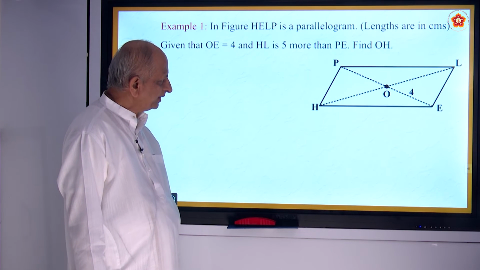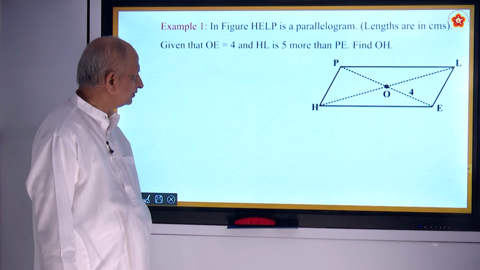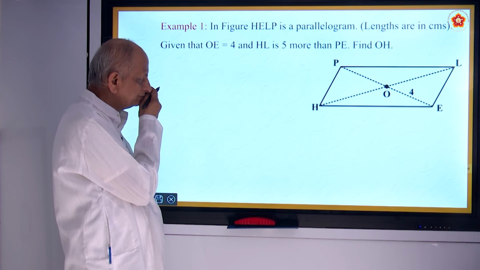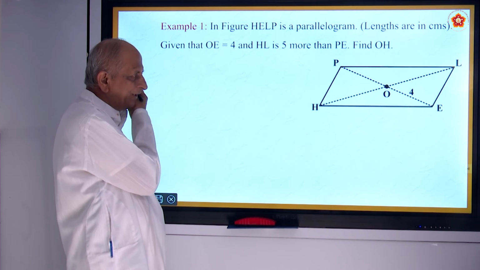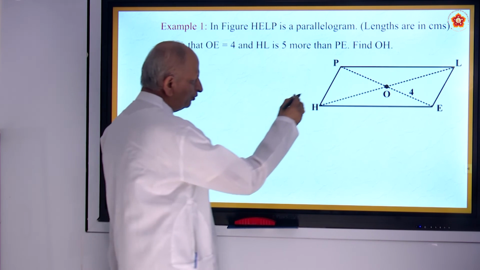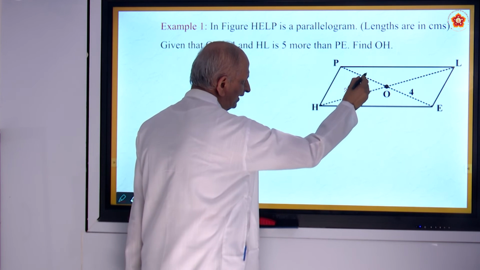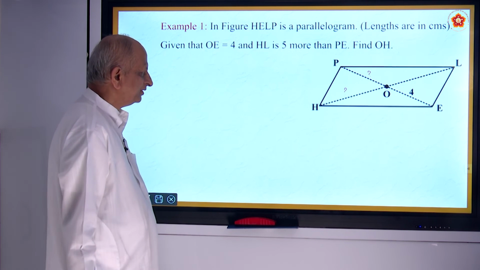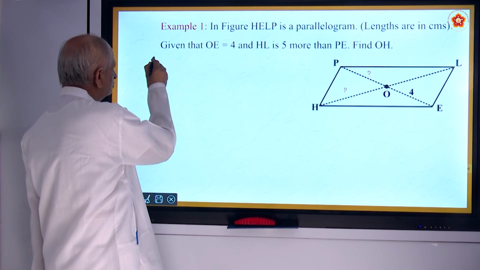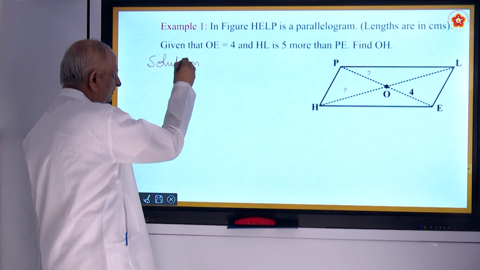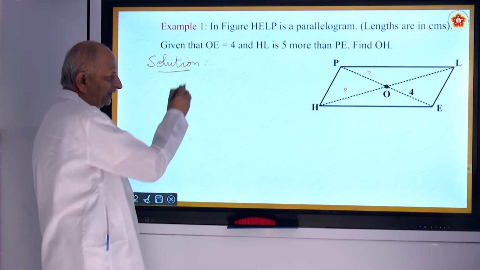You are given OE is equal to 4 and HL is 5 more than PE. Find OH. So you have to find OH. Before that you have to find this, then only we can find OH. Correct? So the solution is a little tricky question, that's why I have taken it up.